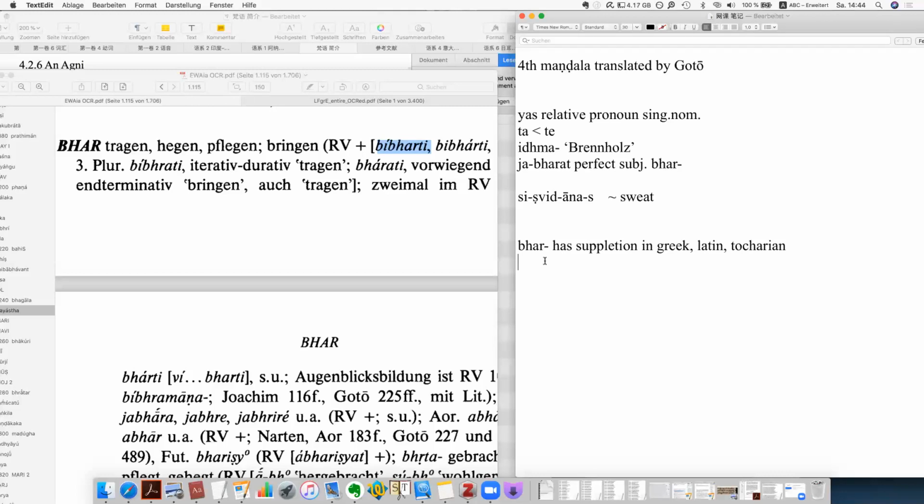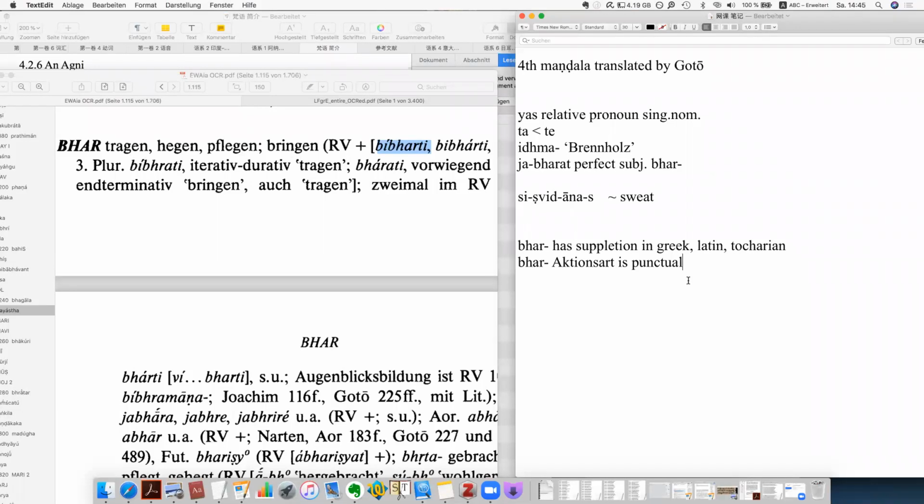Because bar does not have a durative. It needs the reduplicated, so the original aktionsart is punctual. So the action bar is actually a punctual meaning. But how can we understand this?